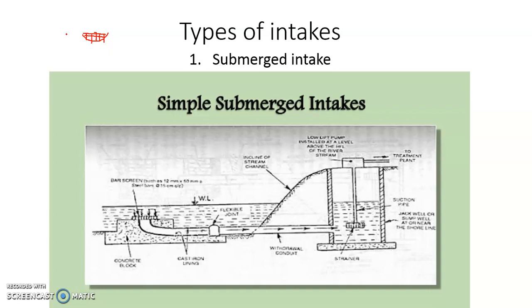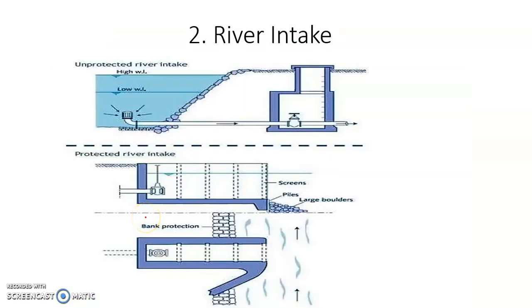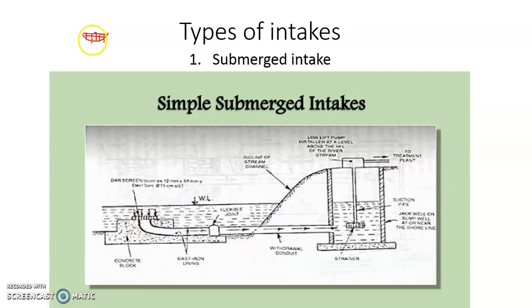These screens, these coarse filters, remove these particles. They do not allow boulders and dead bodies to move into this penstock, into this pipe. So there is a bell mouth structure, and above it there are these coarse screens, and then we have a penstock.